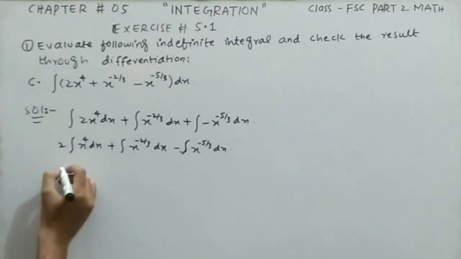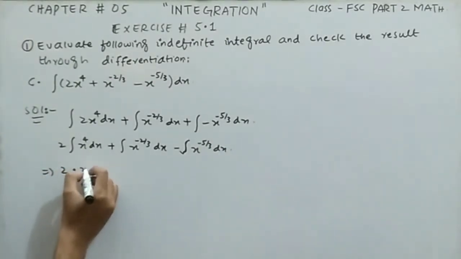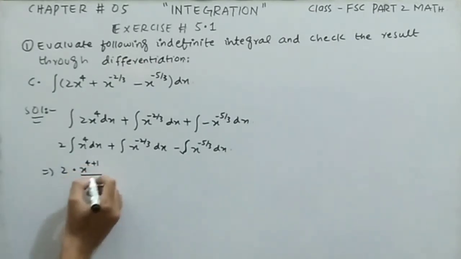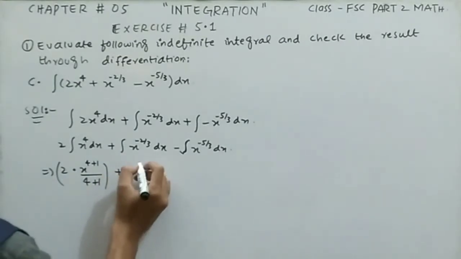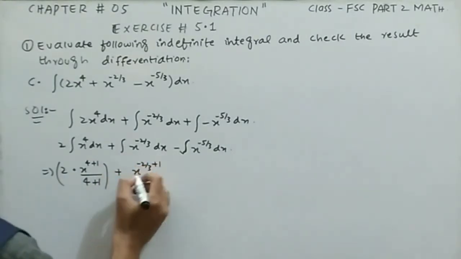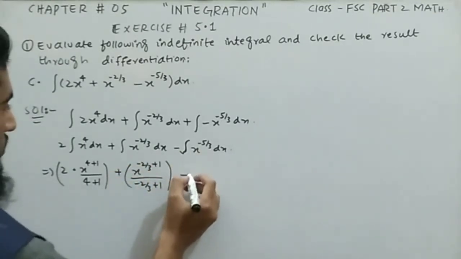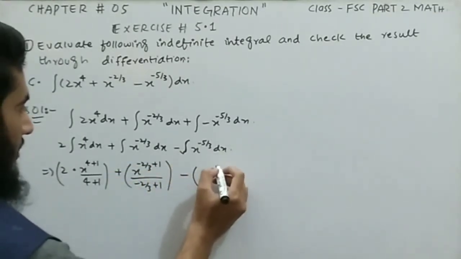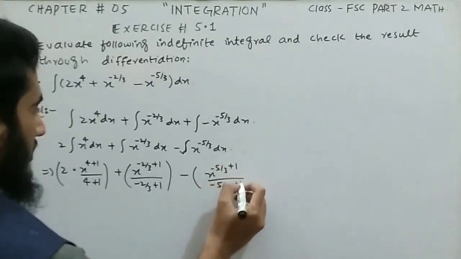Now using the general formula, the integral of x power 4, according to the property, add 1 in the power, so 4 plus 1, and also in the division 4 plus 1. Over here add 1 in the power, so it becomes minus 2 by 3 plus 1, and also in the division minus 2 by 3 plus 1. And apply the same logic over here, minus times x power minus 5 by 3, add 1 in the power, and also in the division.